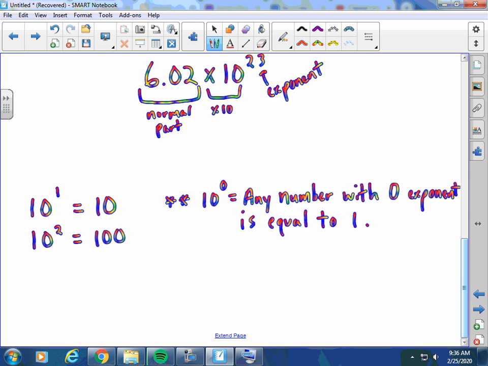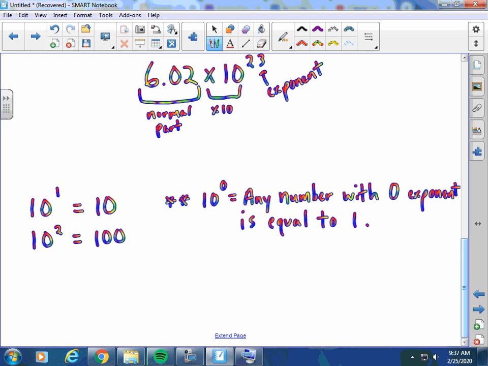So if I had 2 to the 0 power, it's 1. If I had 1,000 to the 0 power, it's 1. 1,455,632 to the 0 power is 1. Any number to the 0 power is 1.